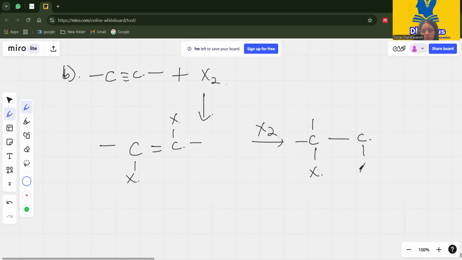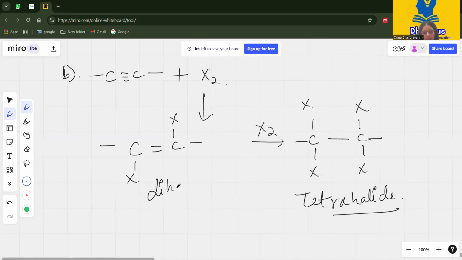So this is the kind of product that we attain. This is a tetrahalide. What about this one? This is a dihalide.